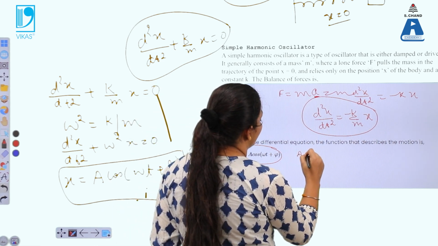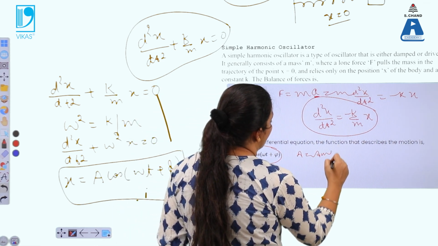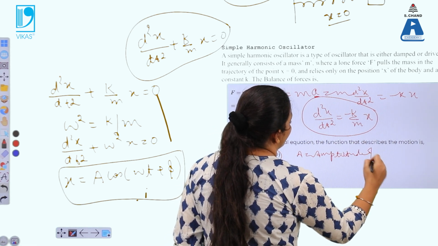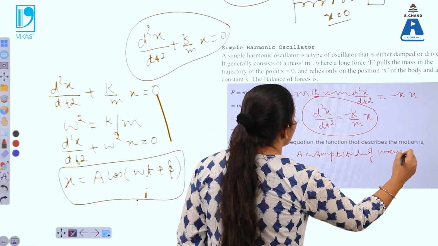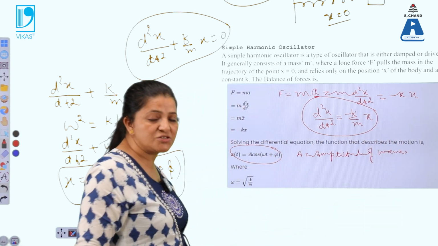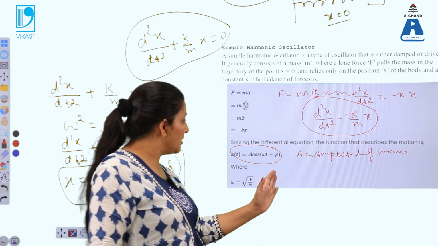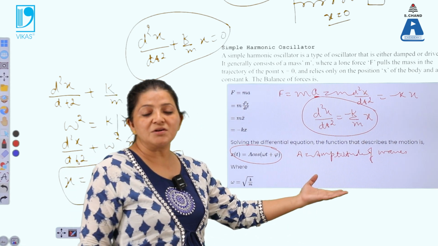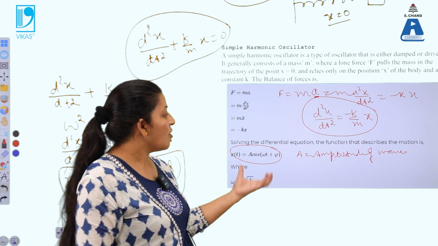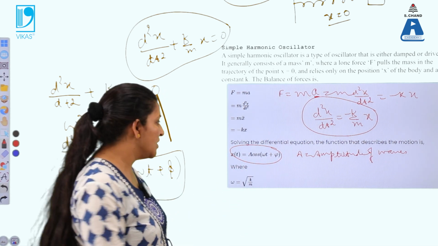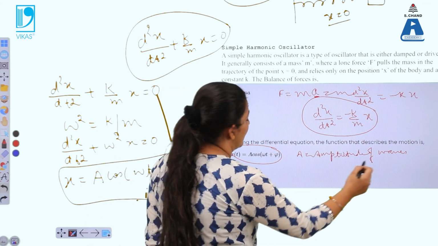That is the amplitude of the oscillations which are associated with the moving body. That means the oscillations associated with the spring, which is moving in the forward direction on application of force, A is called its amplitude.